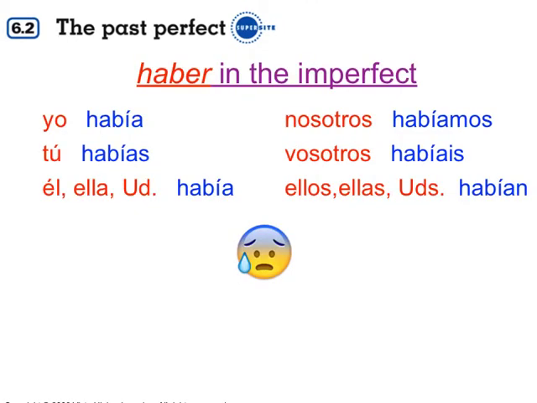So here's haber in the imperfect, right here. And if you remember the imperfect, ER and IR verbs take an ia ending. So it's había, habías, había, habíamos, habíais, habían. That's the imperfect. That's the first part. This is the haber.